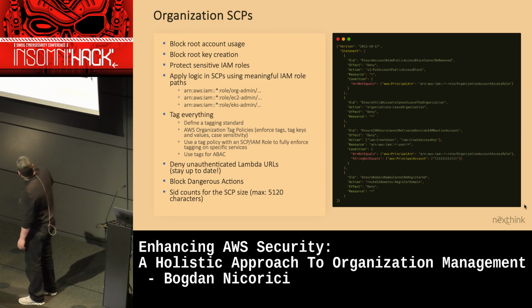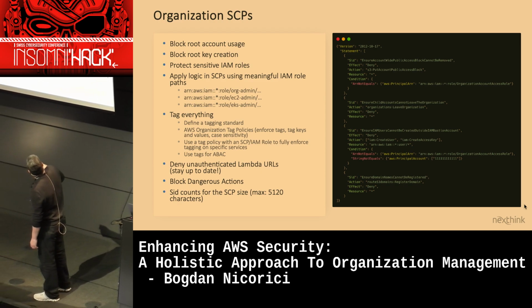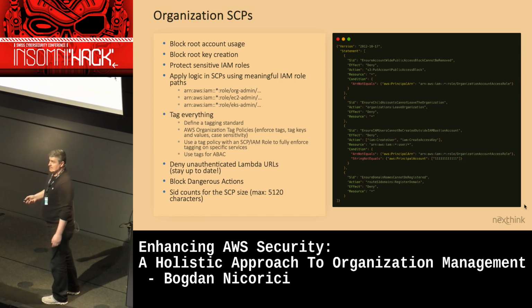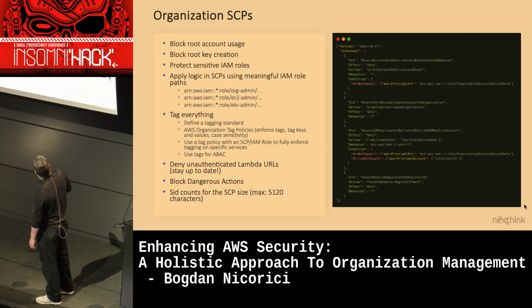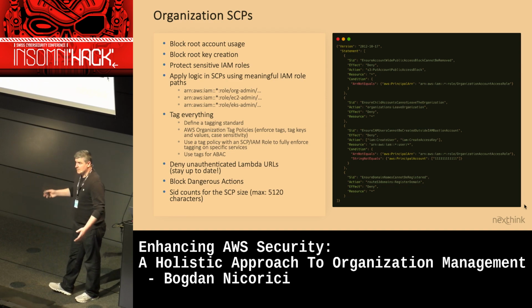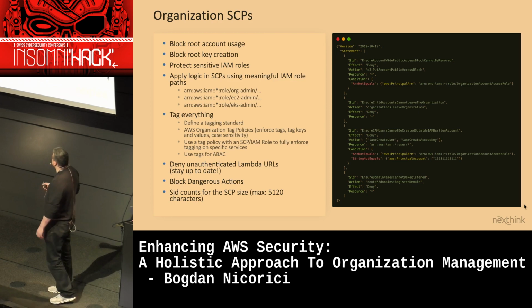One thing I didn't mention is that what we do here is deny, for example, creating users and access keys, unless it's this account. So with this role, you can perform those actions. You can give admin access to an account to, let's say, the SRE team that manages the infrastructure in that specific account.